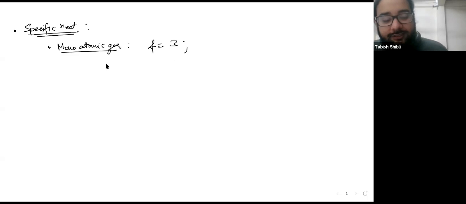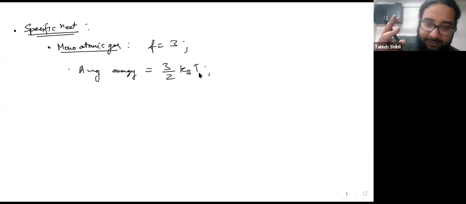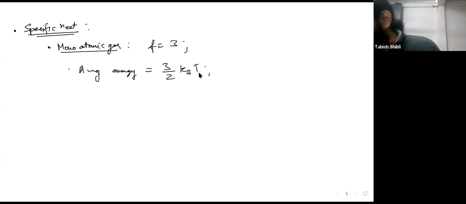So the average energy is 3 by 2 kBT, because there are 3 translations. There is no rotation. When would a point rotate? That cannot rotate. So that's 3 by 2 kBT. Lovely.